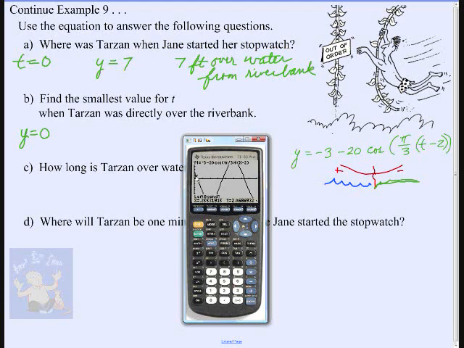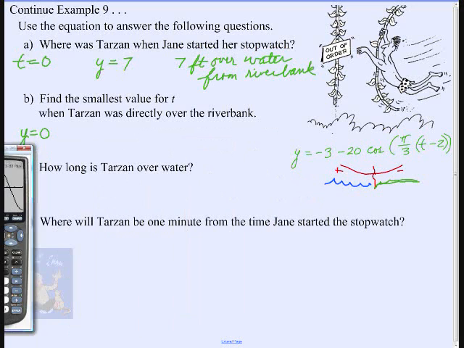Left bound, we've already got our tracer on left bound. We'll hit enter. And then we'll go to right bound. Just have to move the tracer beyond the 0 on the right side. So we've got that. And then it says guess. I say yes by hitting enter. And it gives me a value for when y equals 0, a time of 0.356 seconds.